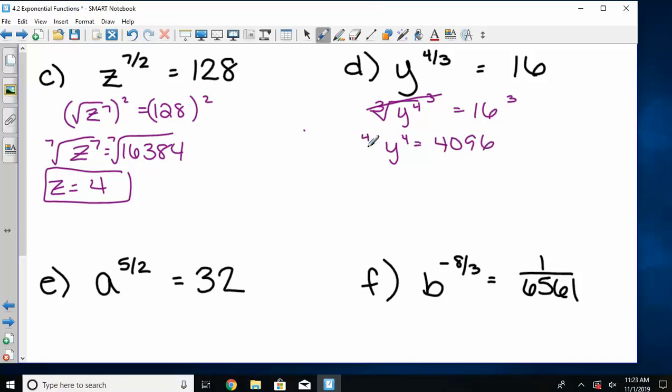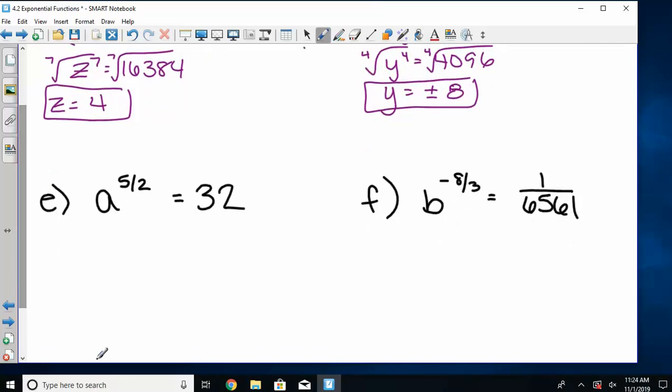To get rid of the 4th, you need the 4th root. With that, you have to have plus and minus. So the 4th root of this is 8. So plus and minus 8. If you just originally did 16 to the 3/4 power, that's okay, but what you have to remember is if you take it to that 3/4, since the denominator is even, you have to add in the plus and minus yourself.